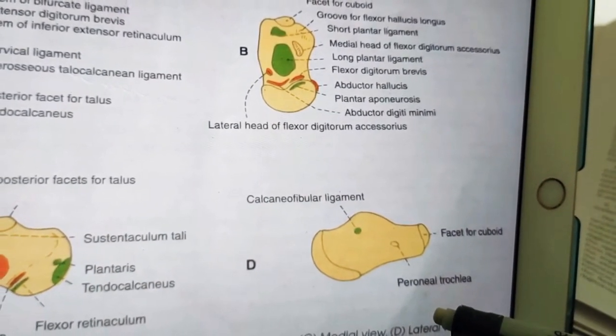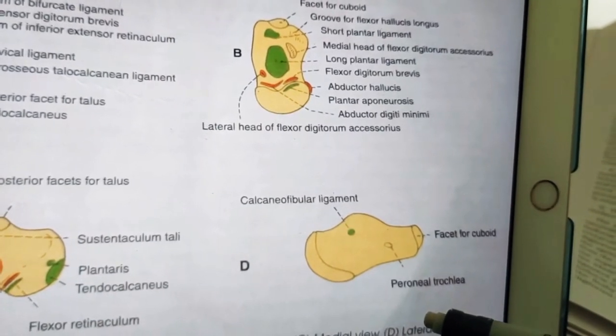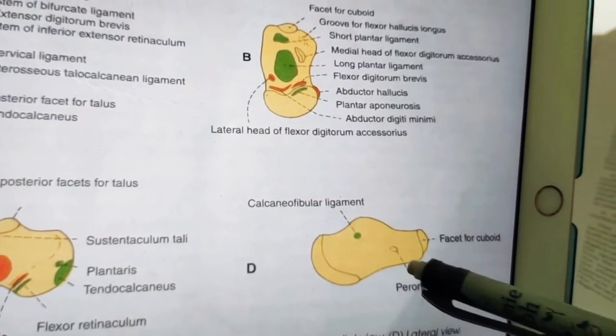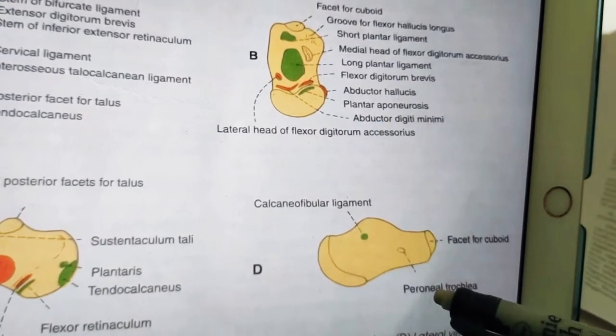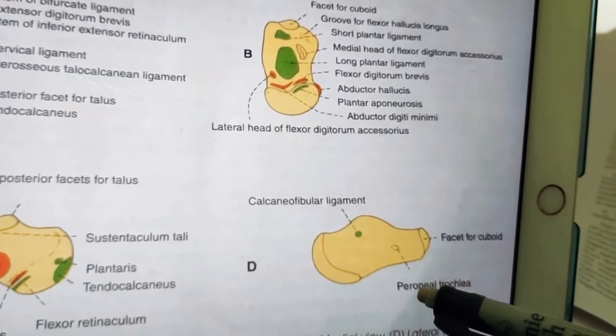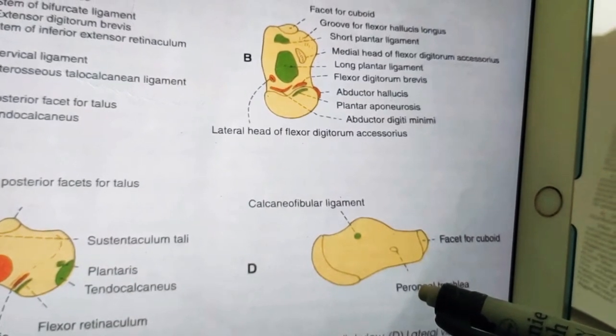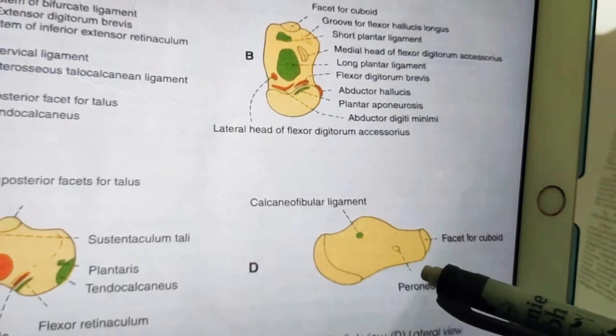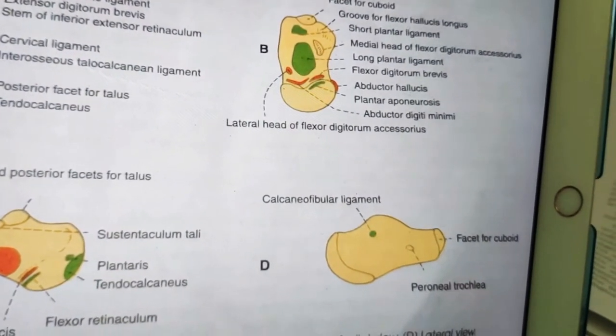And the trochlea itself gives attachment to a slip from the inferior peroneal retinaculum. This one, the peroneal trochlea, will give attachment to the inferior peroneal retinaculum, okay. And the calcaneofibular ligament is attached 1 centimeter behind the peroneal trochlea.